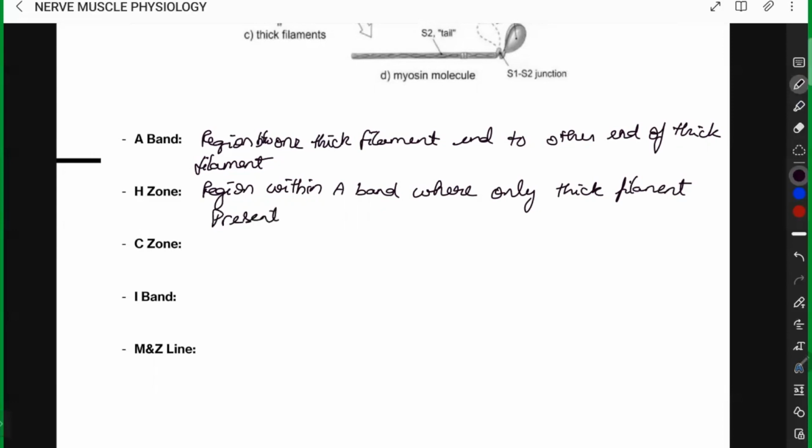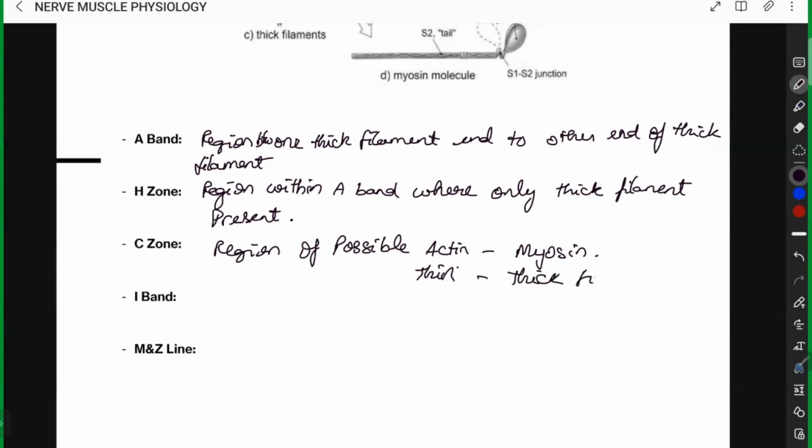The C zone is the region of possible actin myosin interaction, or otherwise the region where there is an interaction between your actin, the thin filament, and myosin, the thick filament.